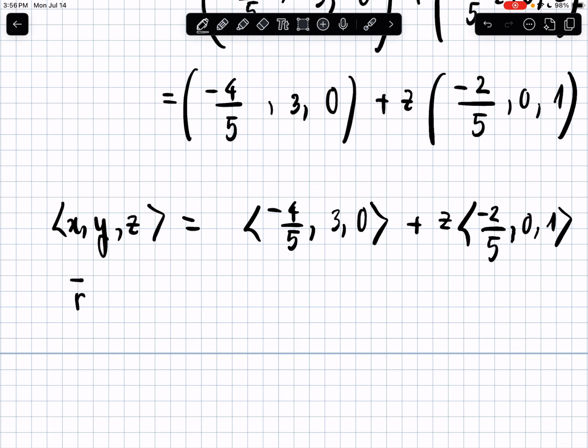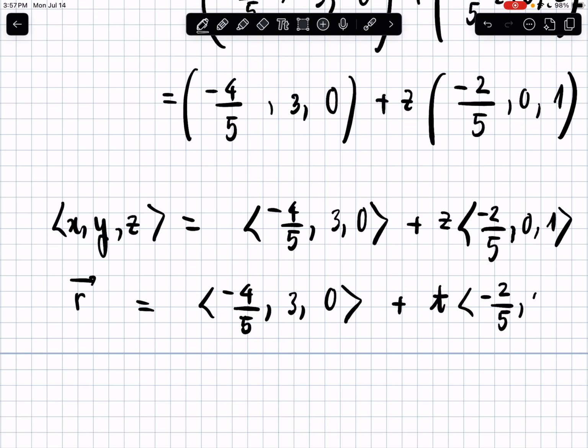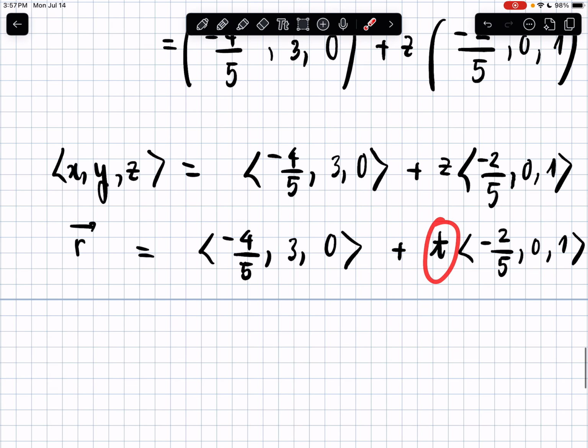So the vector equation is r equal to minus 4 by 5, 3, 0, plus a parameter. If we don't want to use z, we want to use t as usual, then this is t times minus 2 by 5, 0, 1, and t is a parameter, t belongs to R, the set of real numbers.